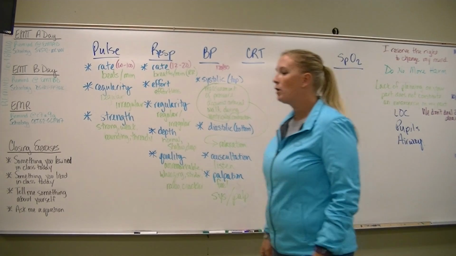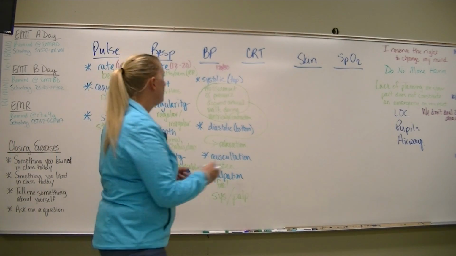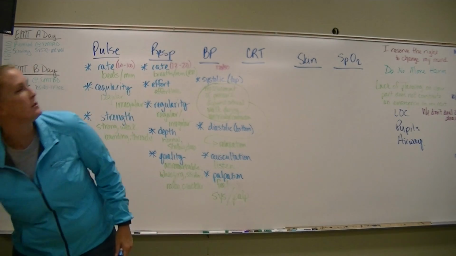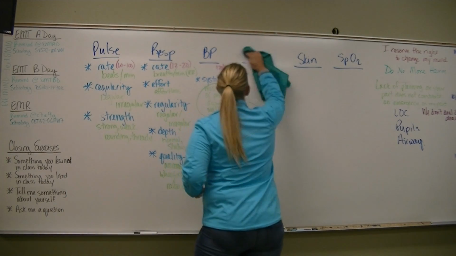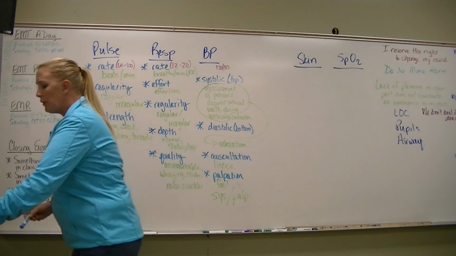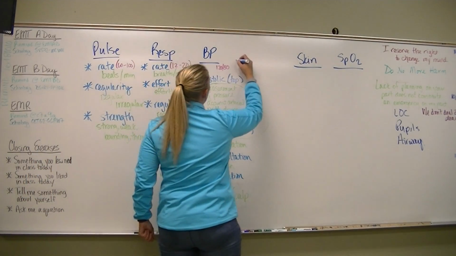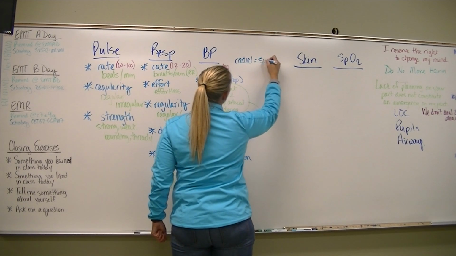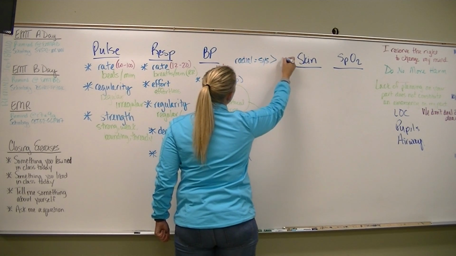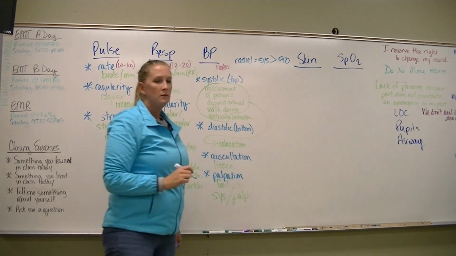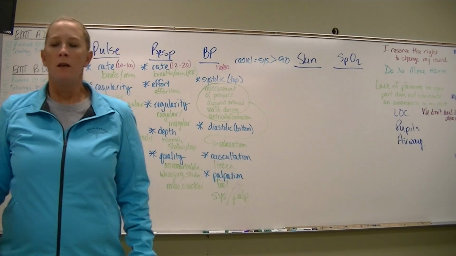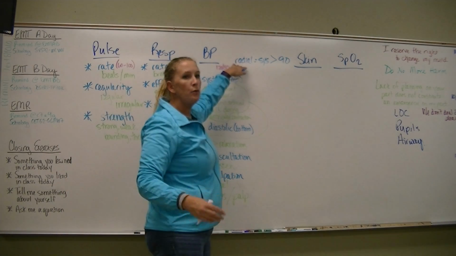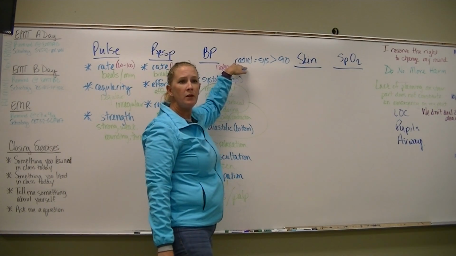In order to have a radial pulse, they have to have a systolic pressure of greater than 90. This radial pulse equates to your pedal pulses, posterior tibial and dorsalis pedis.